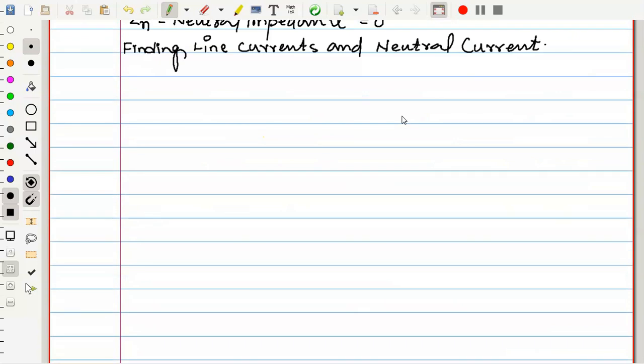So now, to get this objective, that is finding the line currents and neutral current, what I will do is like this. First, try to assume the system. How do we assume the system? Let the source and loads be balanced.